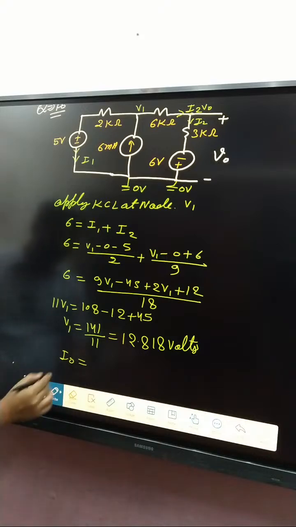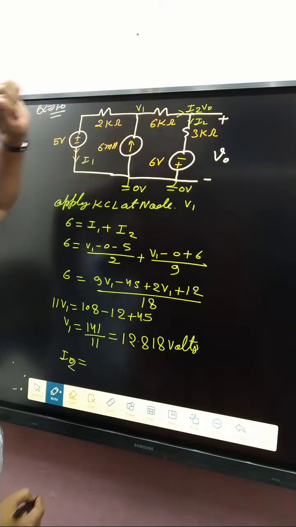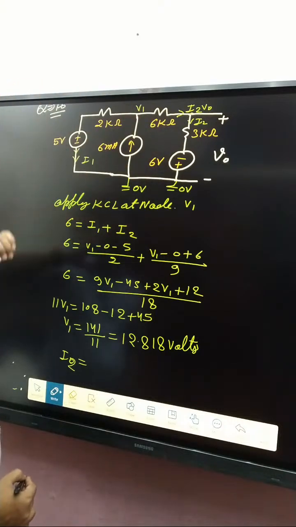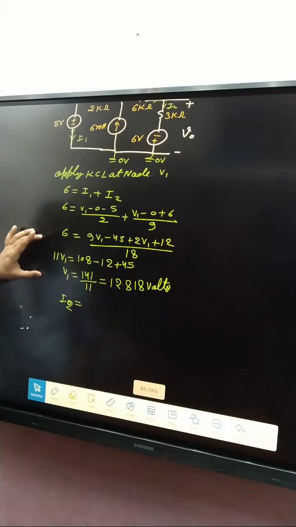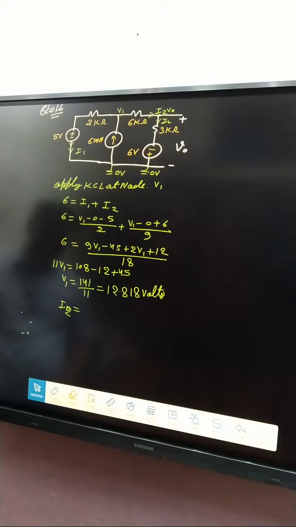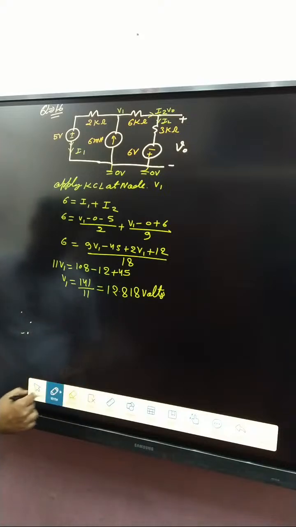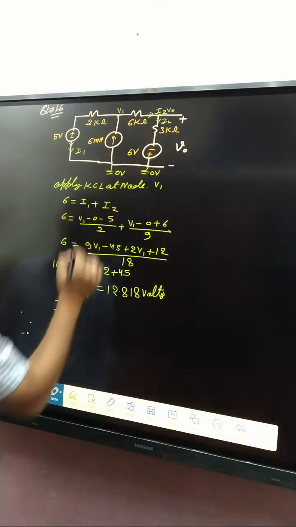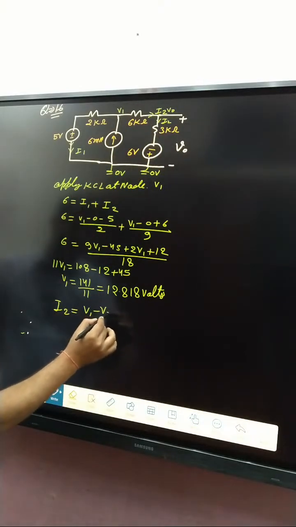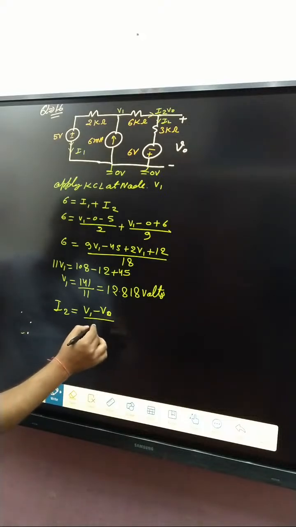So what about I2? I2 is written as V1 minus V naught, divided by 6.